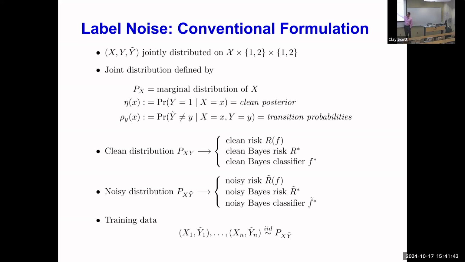We still want good performance with respect to the clean risk, right? Because we assume our test data are going to be drawn from this distribution, and we want to predict the actual label. We're not interested in predicting the noisy label at test time. We want to predict the actual label. So this is the goal of learning.